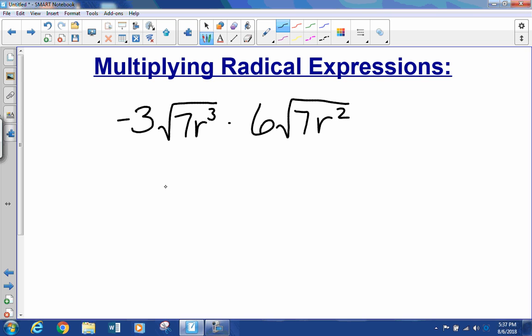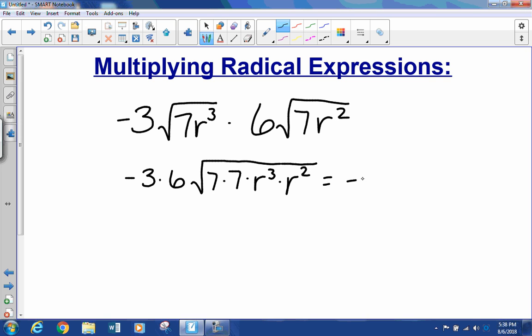I simply multiply the two coefficients, so in this case -3 times 6, and then underneath the radical, I multiply the two radicands. So I get 7 times 7 times r to the third times r to the second.